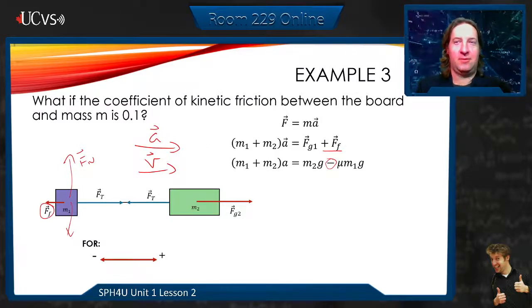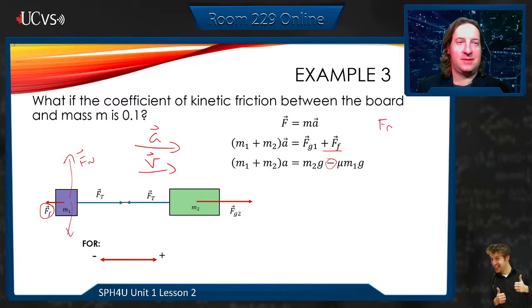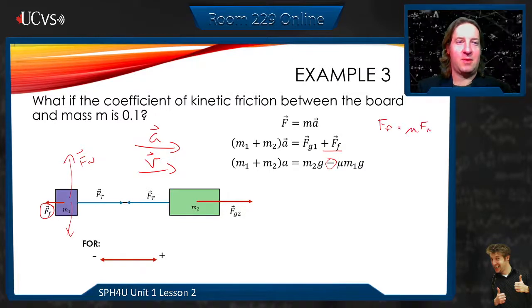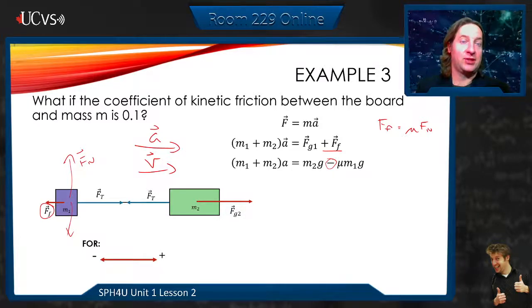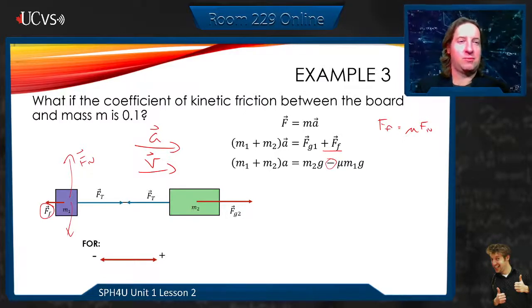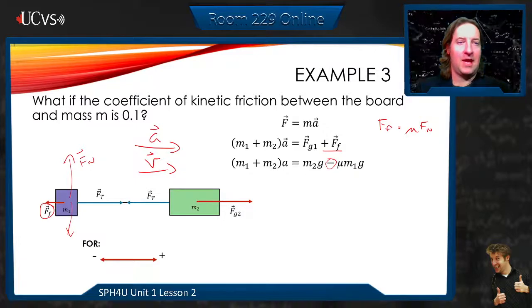Friction, we say that force of friction is equal to mu Fn, but we don't worry about vector signs here because we know that the force of friction is opposing the direction, but the normal force is always at right angles to the surface. So the directionality is a bit complicated, so we don't worry about directionality in that expression. So I just say that this is equal to mu M1G.